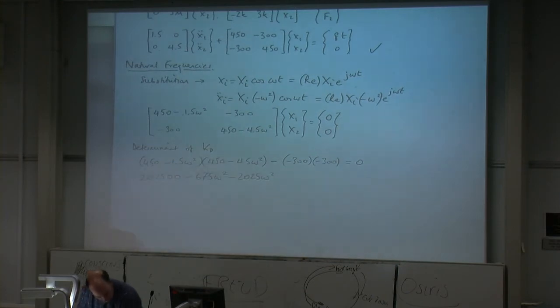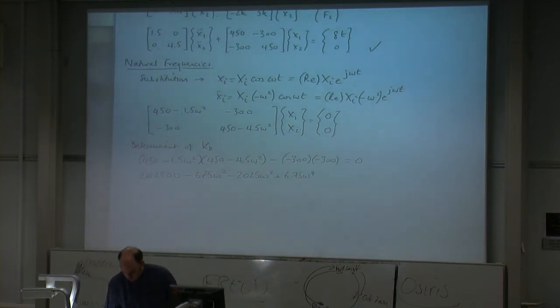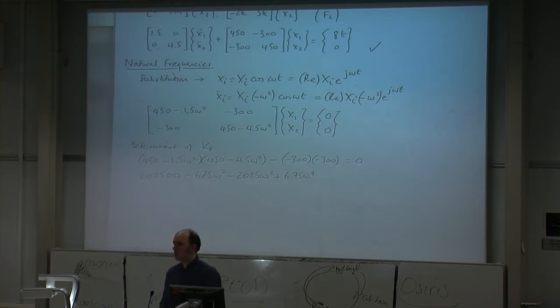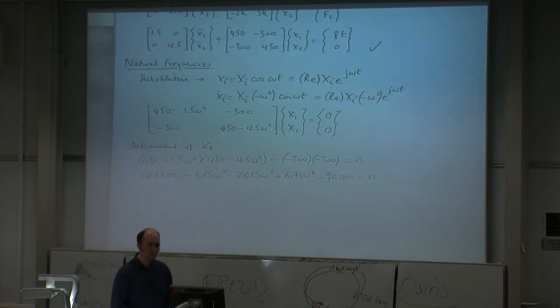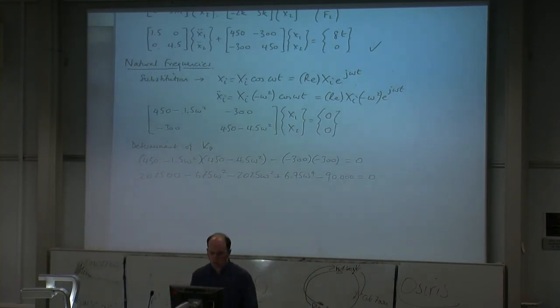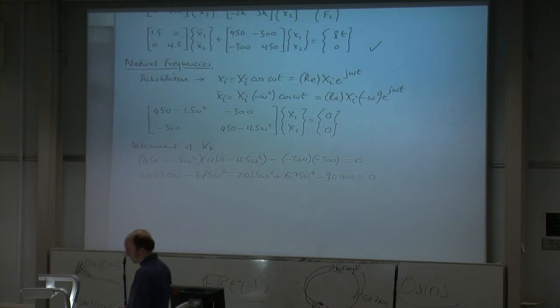And then 1.5 times 4.5 is 6.75, so plus 6.75 omega to the power of 4. And then minus 300 times minus 300 is 90,000, but it's a minus 90,000, so we have minus 90,000 equals 0.